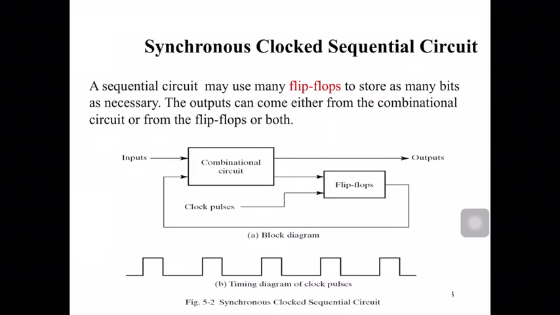Another type of sequential circuit is known as a synchronous or clocked sequential circuit. Synchronous means that the circuit is synchronized to a clock. Usually this type of circuit involves flip-flops. The flip-flops can store as many bits as necessary, and the flip-flop must always have a clock pulse.